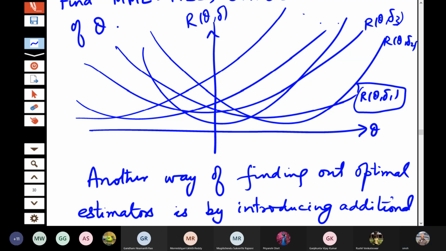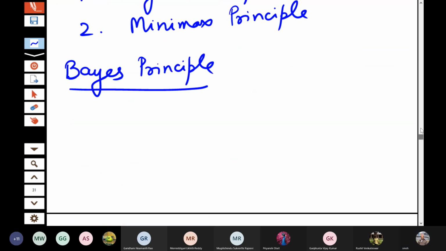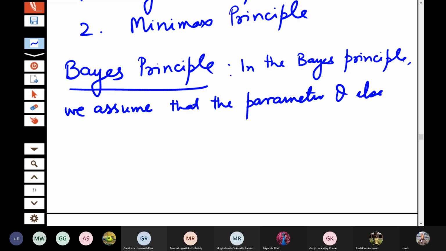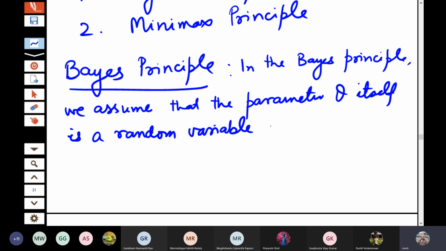They become simple numbers. Now you compare them. So the Bayes principle is, in the Bayes principle, we assume that the parameter theta itself is a random variable with certain distribution, say tau theta.